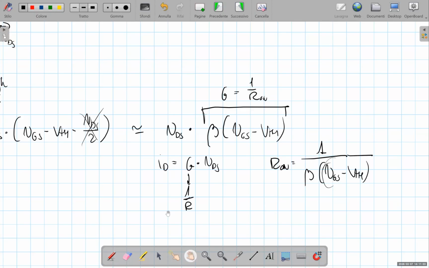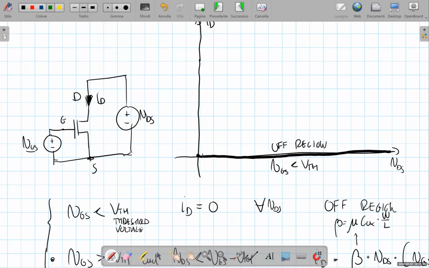In other words, for small values of VGS just above VTH, the resistance will be higher, that means a small slope, while as we increase the VGS voltage, this resistance becomes smaller and smaller, and the conductance becomes higher and higher.